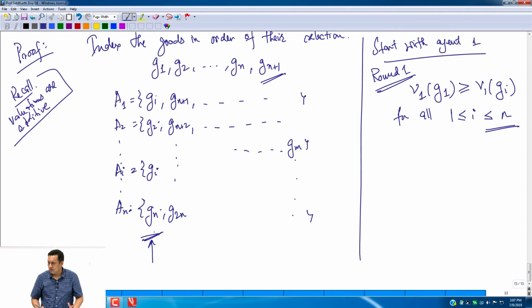But it repeats. Look at this good Gn plus 1, the same argument. All of these, Gn plus 2 to G2n, were assigned afterwards in later iterations, and hence V1 of Gn plus t, the good that one gets in round t, and let me just write it for the second round.